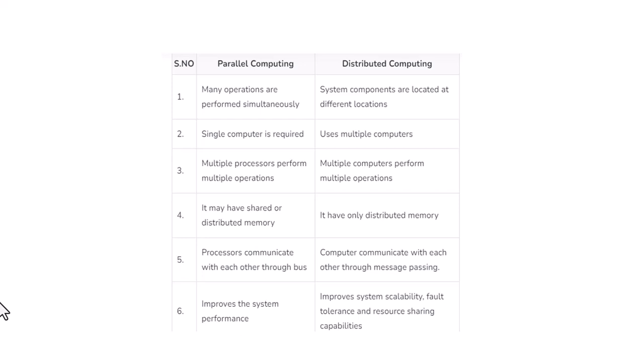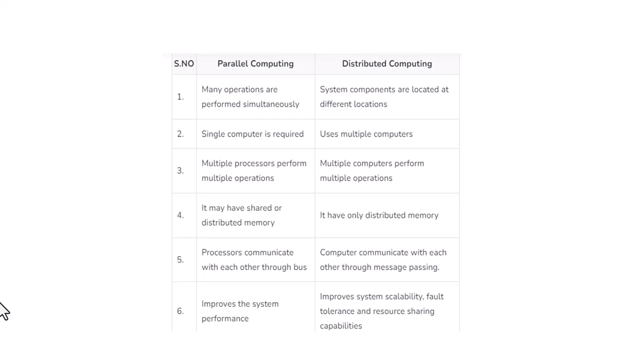Parallel computing improves system performance and speed, while distributed computing improves speed as well as scalability, fault tolerance, and resource sharing capability. Here, resource sharing does not mean there will be a common memory, but that one computer uses another computer for task simplicity or task execution performance.